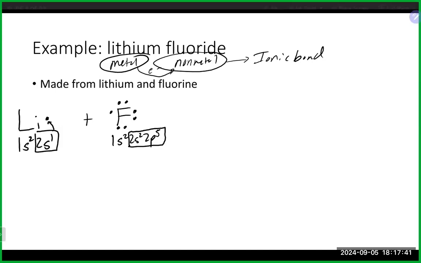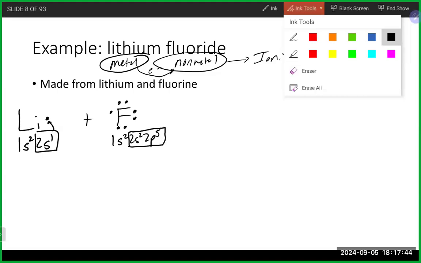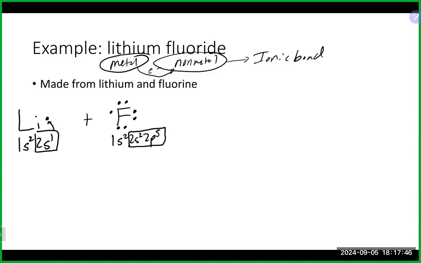By the way, they don't have charges at this point, but when our lithium and our fluorine get near each other, that's the point where lithium's going to go, "Take my electron, please." And fluorine is going to be more than happy to grab that electron. The electron's going to shoot on over, and we're going to get that transfer.